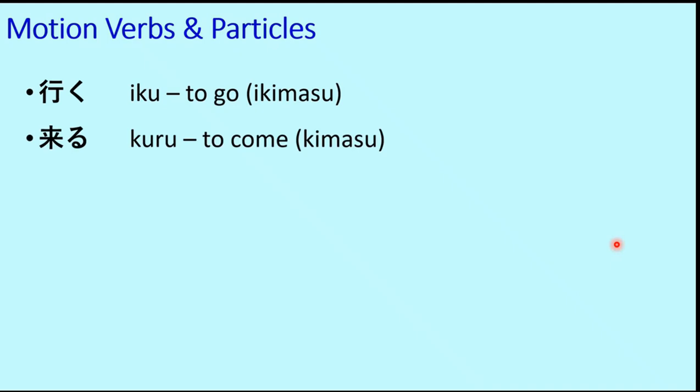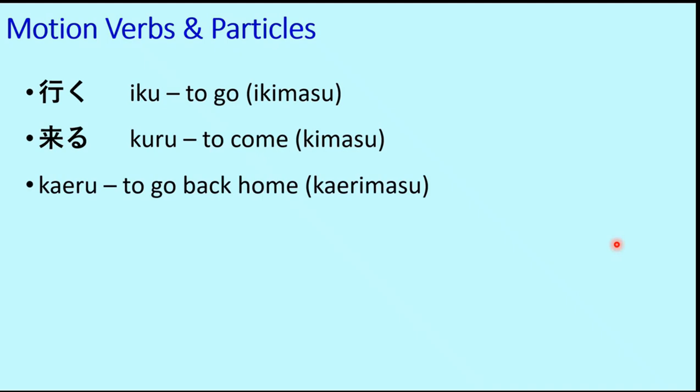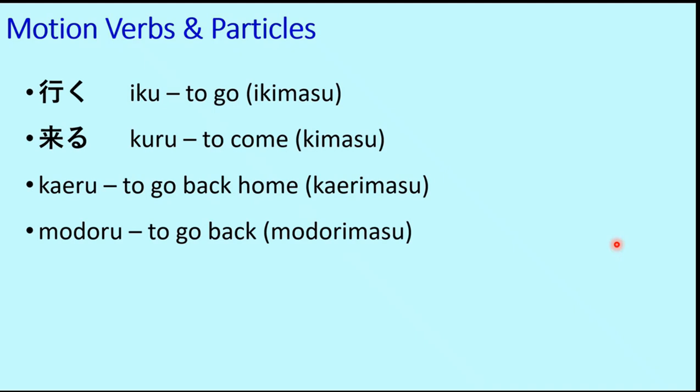Then we have kuru, which means to come: kimasu, kimashita, kimasen, and so on. The third motion verb is kaeru. Kaeru means to go back home: kaerimasu. And we have modoru, which means to go back from where someone came: modorimasu, modorimashita, and so on.